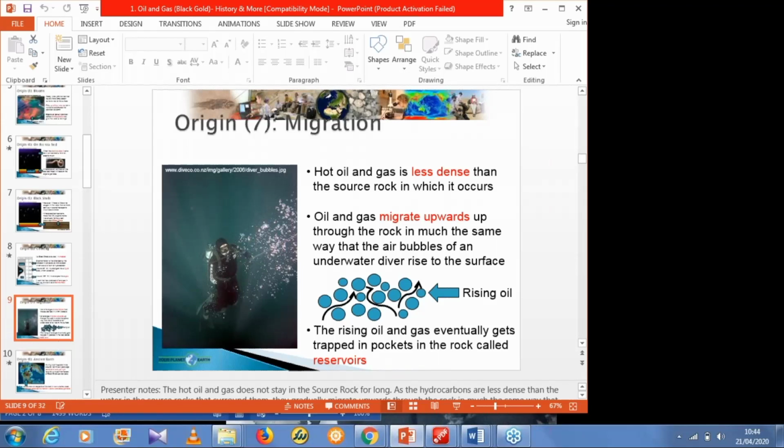And then after exploration, we have the drilling. The drilling process is what helps us to bring oil and gas to the surface. Now, some tests are usually done.